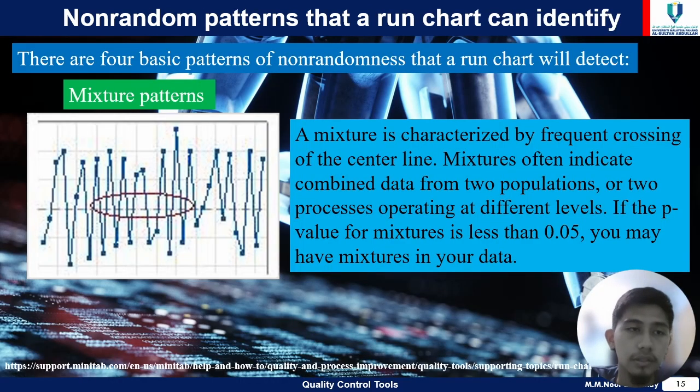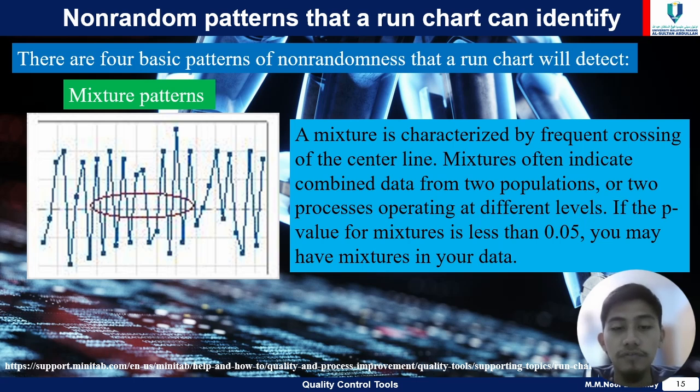Okay. Now the random patterns that a run chart can identify. There are four basic patterns of non-randomness that a run chart will detect. The first is the mixture pattern. A mixture is characterized by frequent crossing of the center line. A mixture indicates combined data from two populations or two processes operating at different levels.